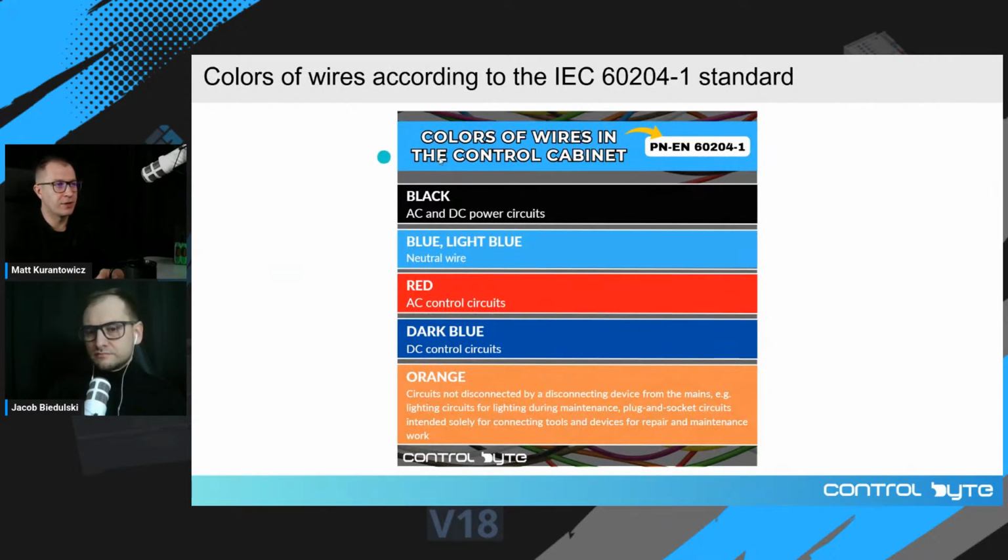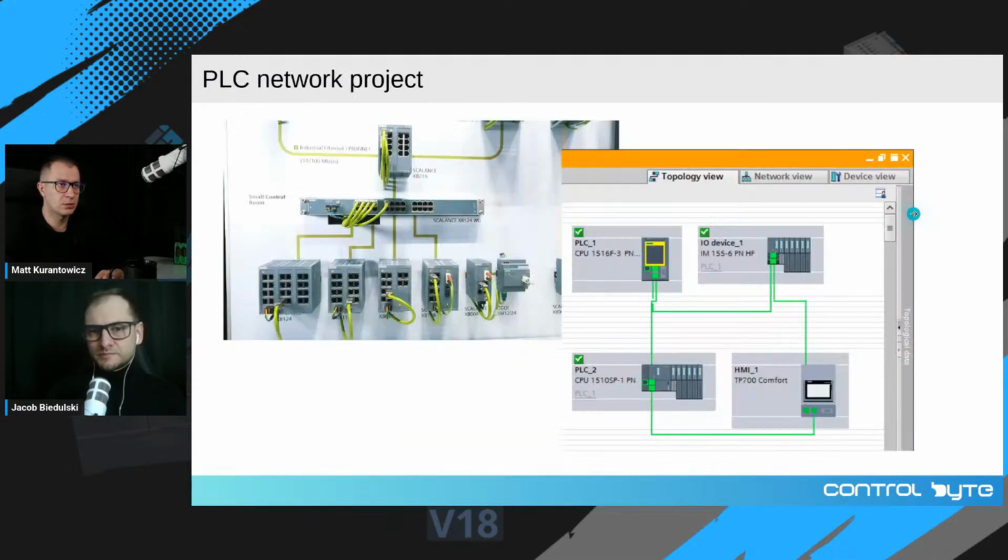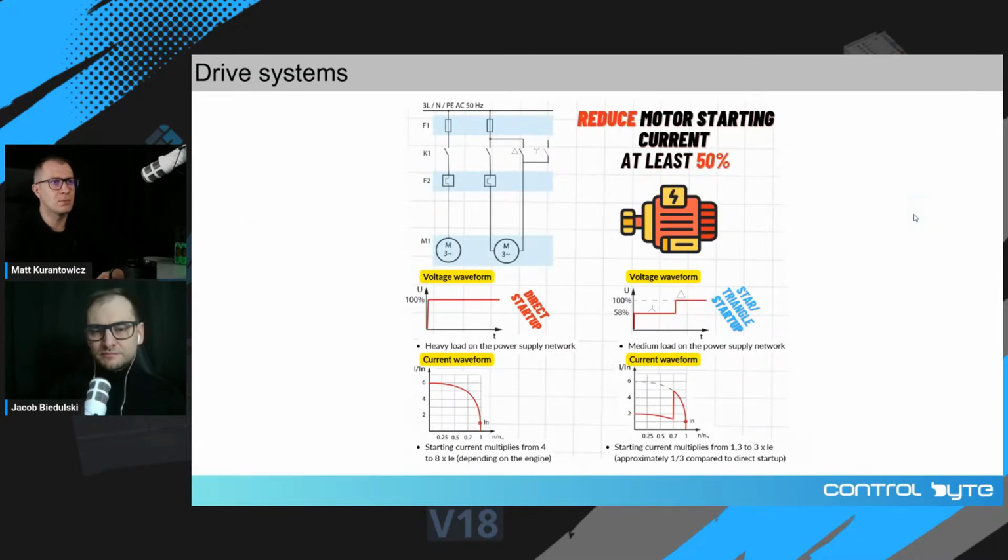Here we have the slide on what colors are used in industrial automation. This is the sample project for a safety system. Here we have the slide on how to reduce starting current for an induction motor. Everything you will find in our course.